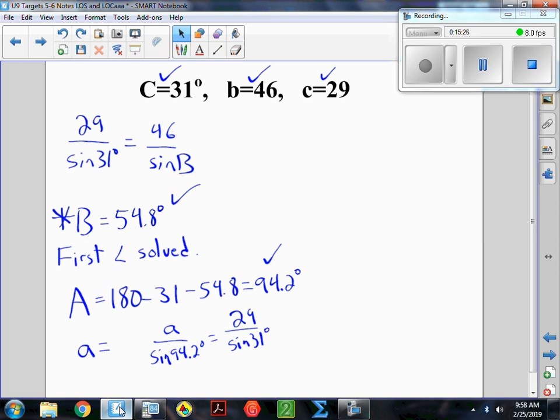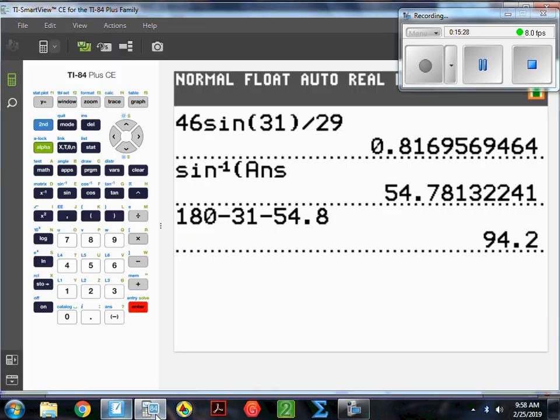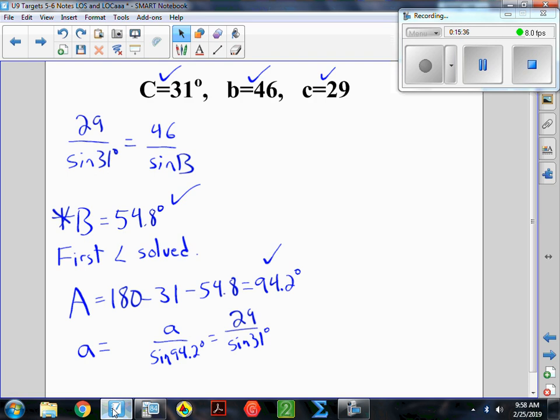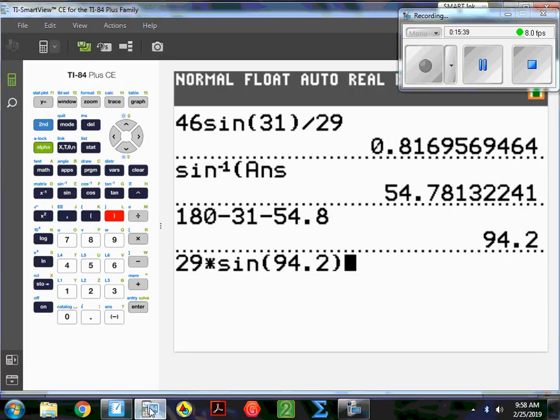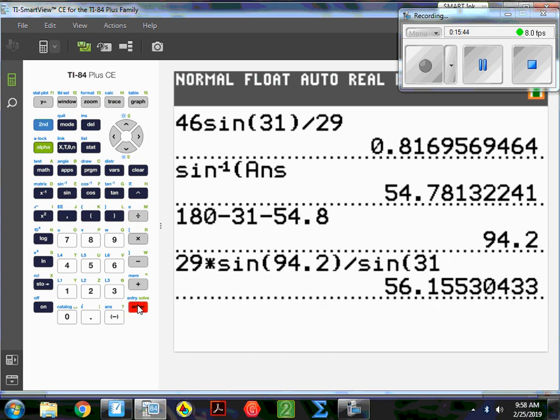And so I could find a: 29 times sine 94.2 divided by sine 31. I get 56.2.